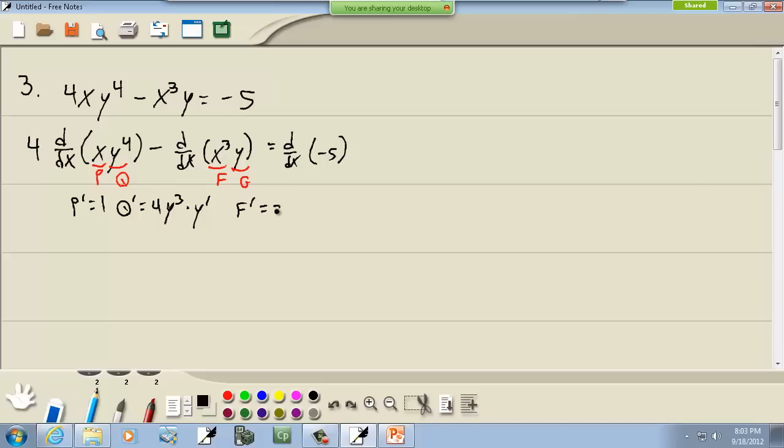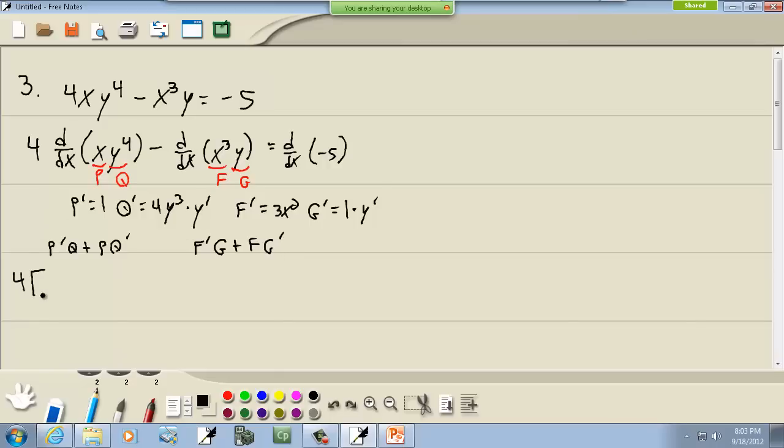So F prime would be 3x squared. G prime, derivative of y is 1, but since it's y, we have to add on a y prime. Again, anytime you're taking derivative with respect to x, and it's y, then you have to add on a y prime. Well, this will be P prime Q plus PQ prime. This one will be F prime G plus F G prime.